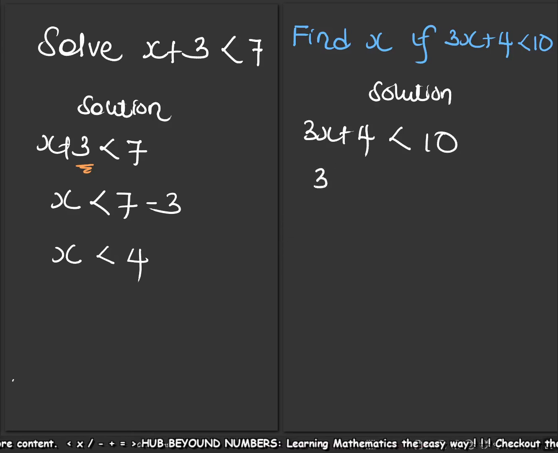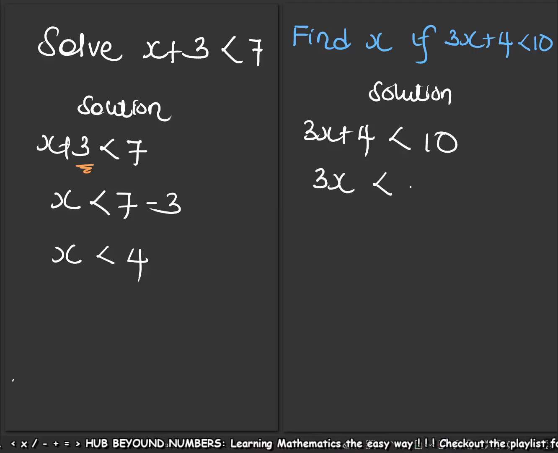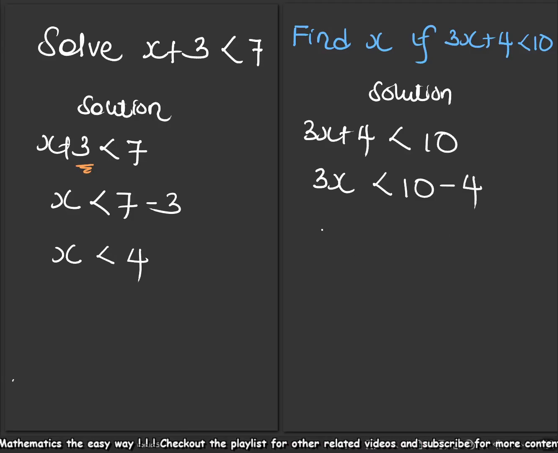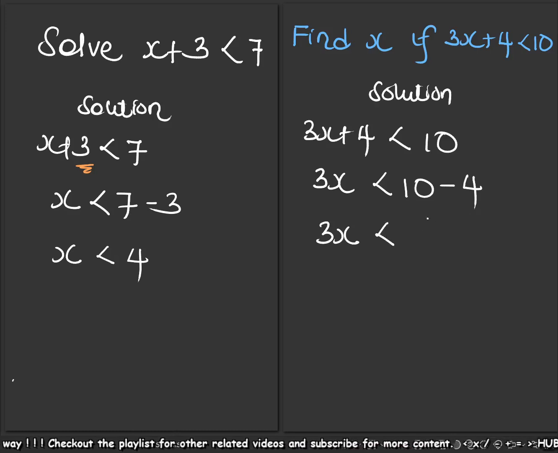We have our 3x, which is less than 10, and the 4 moves to the other side. Instead of positive 4, it now becomes negative 4, so that we have 3x is less than 10 minus 4, which gives us 6.